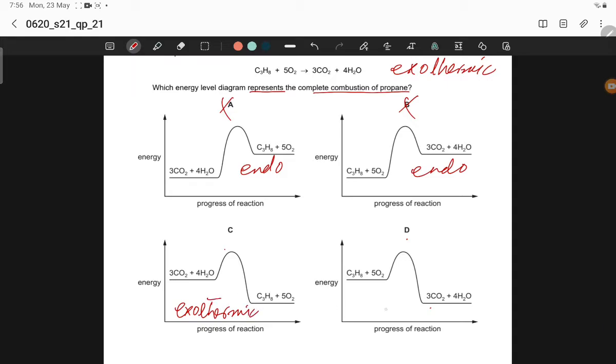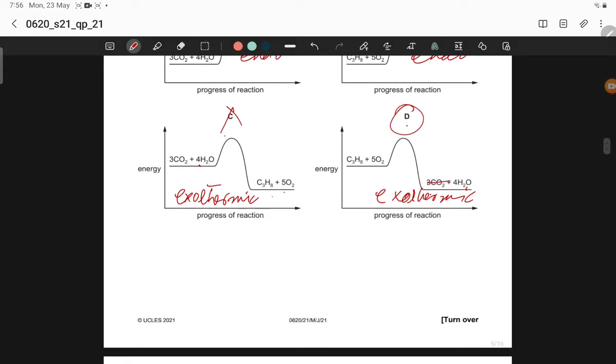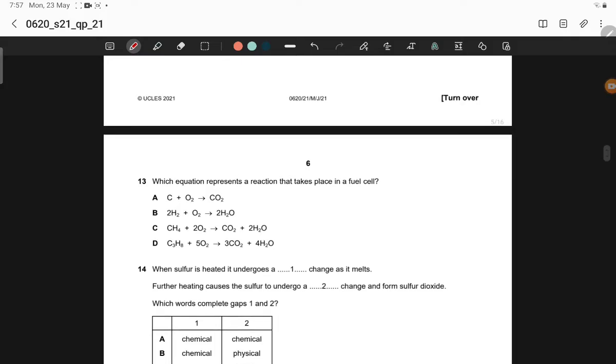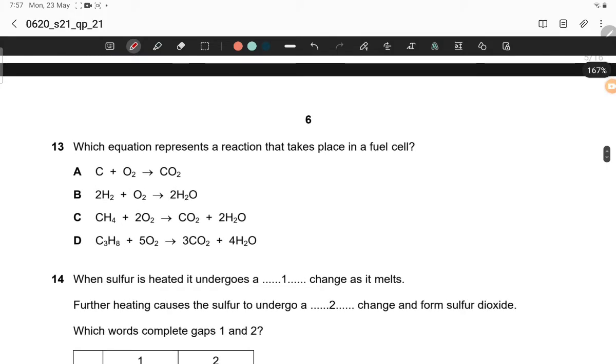Both are exothermic. But over here products are written on the reactant side and reactants are written on the product side. So this is incorrect. This is the correct option. Which equation represents the reaction that takes place in a fuel cell?